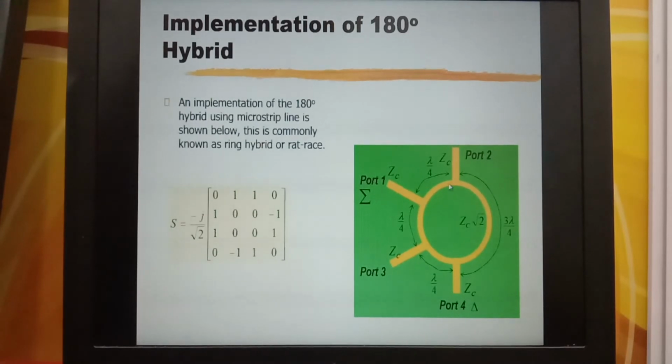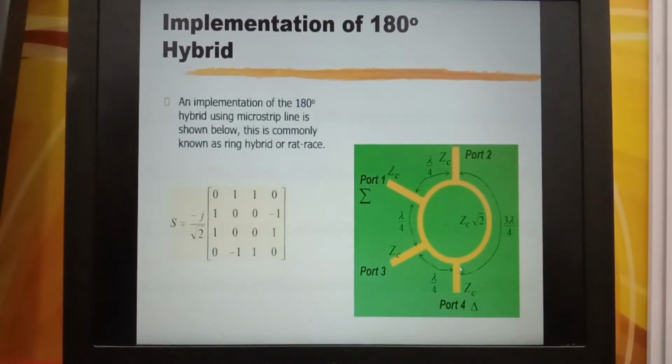Half of the signal that goes to port 2 and half of the power that goes to port 3 will have the same phase because the amount of delay is the same. But if we input the signal to port 4, half of the power will go to port 3 due to the T junction, and half of the power will go to port 2.